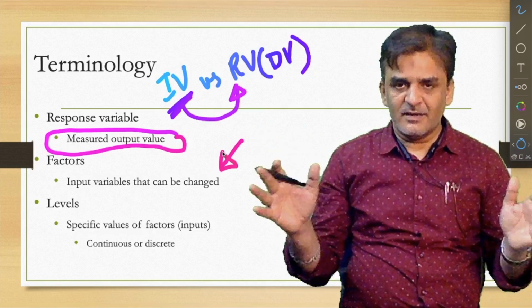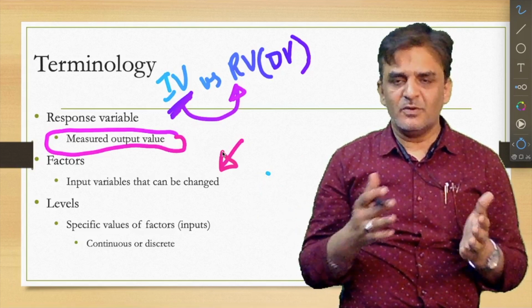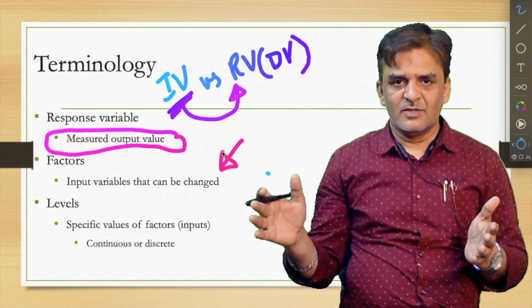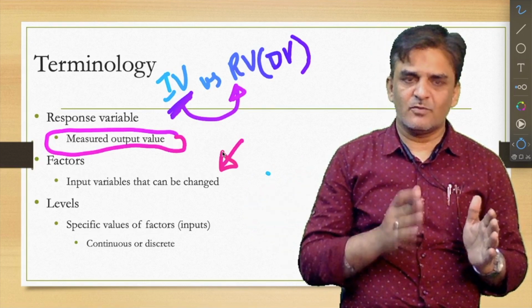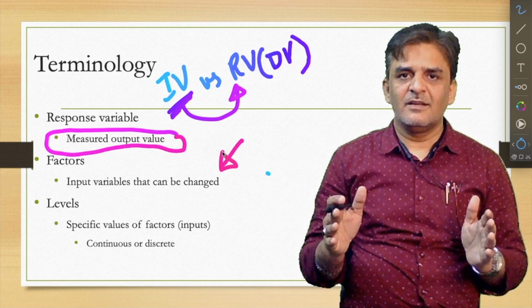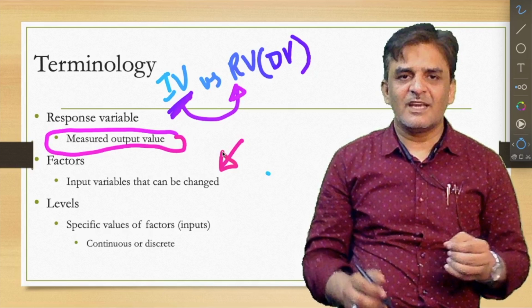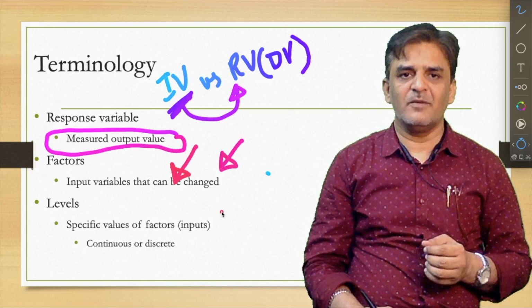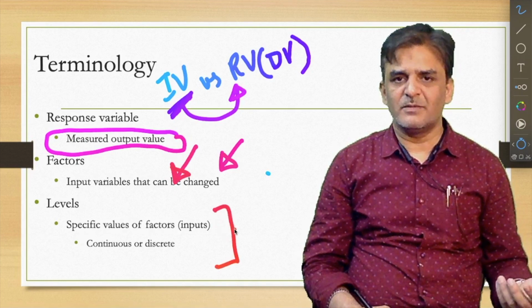Anyway, there are different machines producing the same item. If we want to see the variability among the different production processes, we can judge that using ANOVA analysis. So machine number, machine name, or machine value can be an input variable or independent variable, which can have different levels. Here the levels are machines.